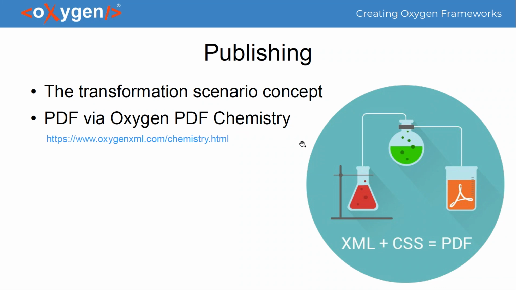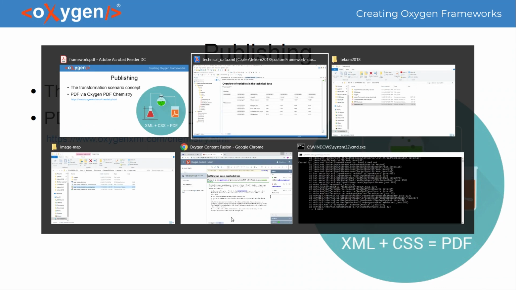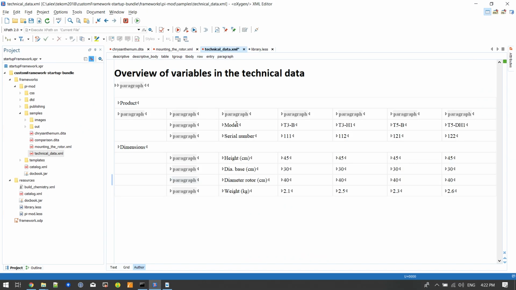It's called Oxygen PDF Chemistry. It is an engine that generates PDF from XML based on CSS. You can follow this link to find out more about it. But let's see how we can use it.